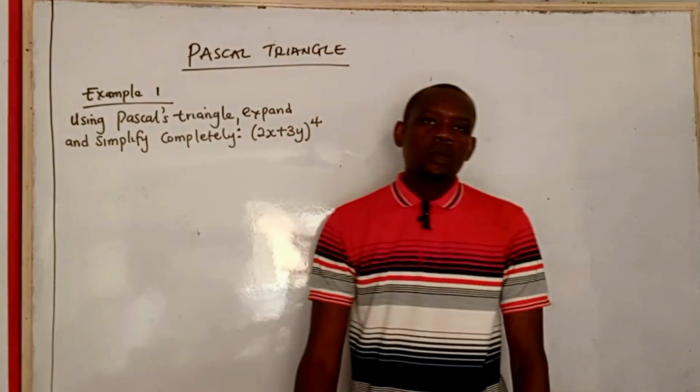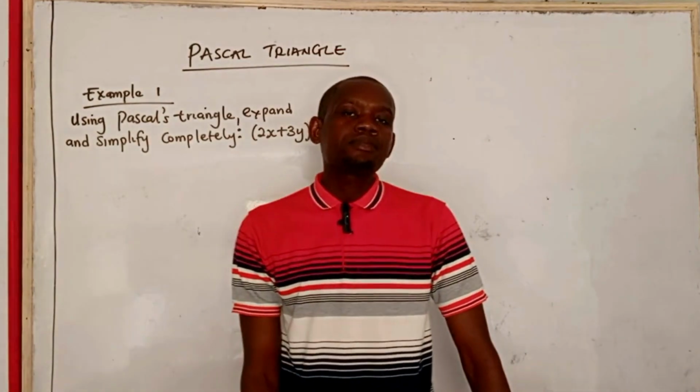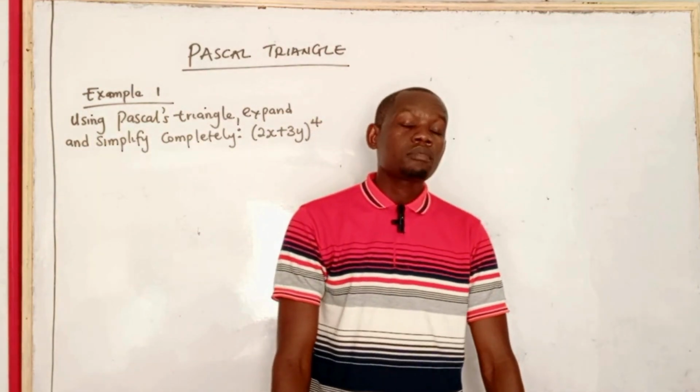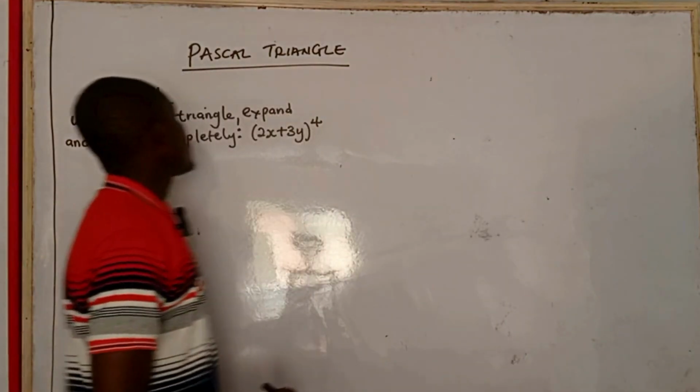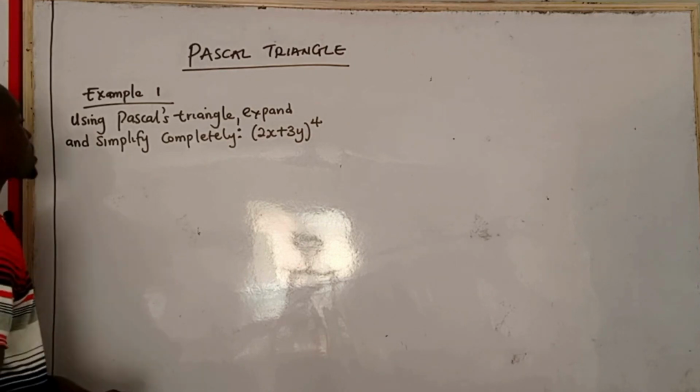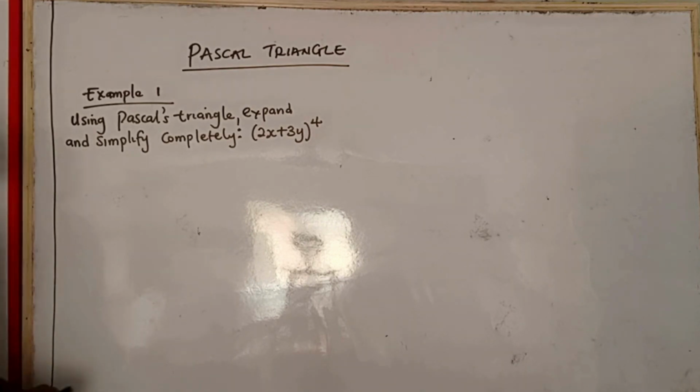All right, without wasting much of our time, let us look at our first example using Pascal's triangle. If you look at the board, the question is: using Pascal's triangle, expand and simplify completely (2x + 3y) all raised to the power of 4.